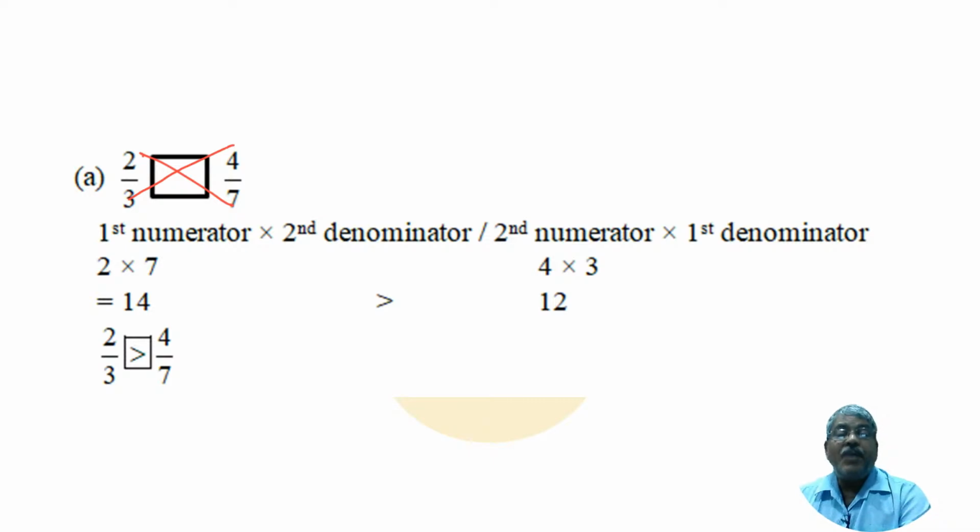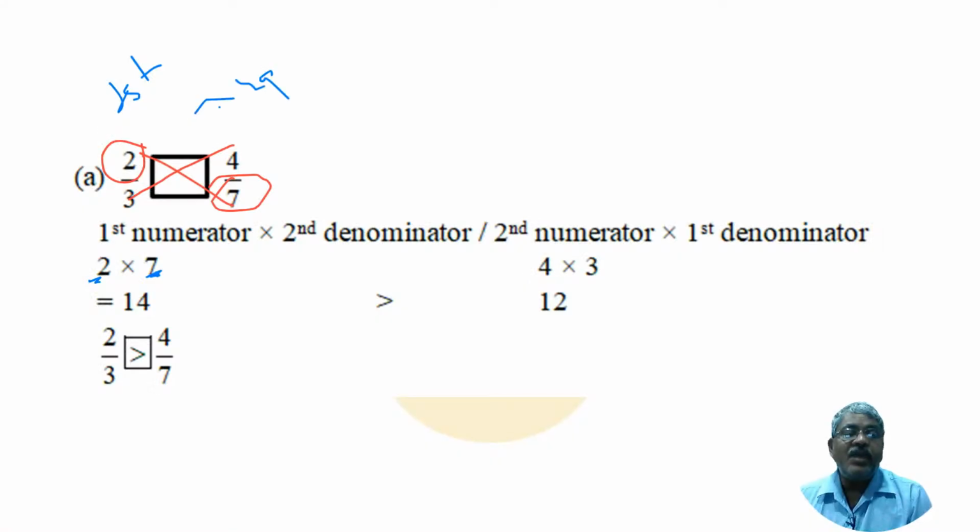So when you try to do the comparison by the cross multiplication method, first numerator into second denominator. What is the first numerator? 2. Then second denominator 7. 2 into 7 is 14. In this way, second numerator into first denominator: 4 into 3 is equal to 12.